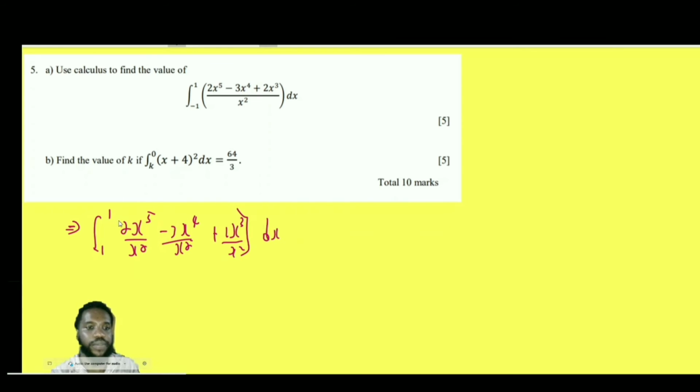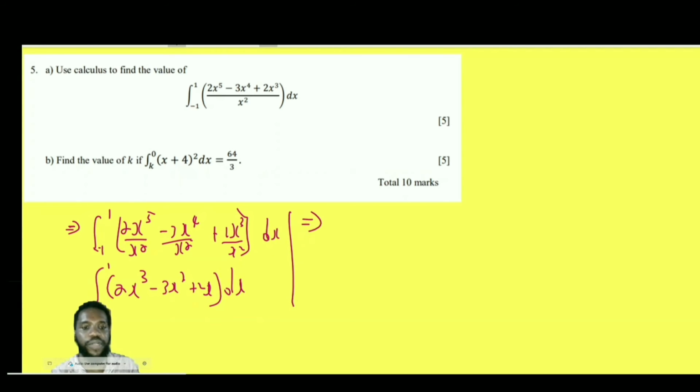So this boils down to the integral between -1 and 1 of: x squared into this is going to be 2x cubed, minus x squared into this is going to give me 3x squared, and x squared into this is going to give me a positive 2x, integral with respect to x.